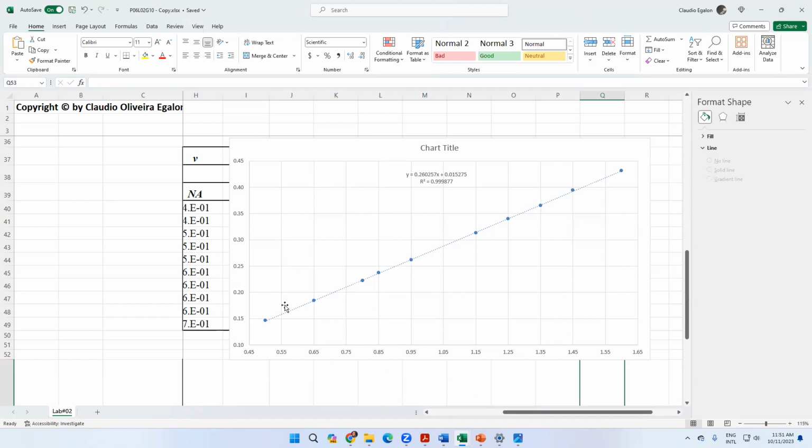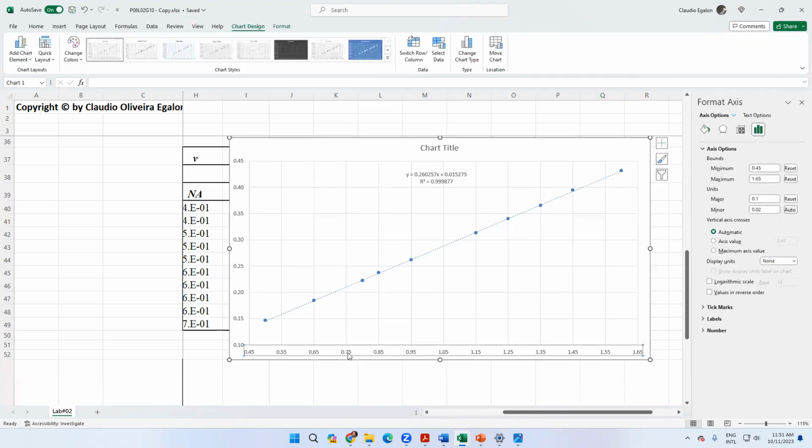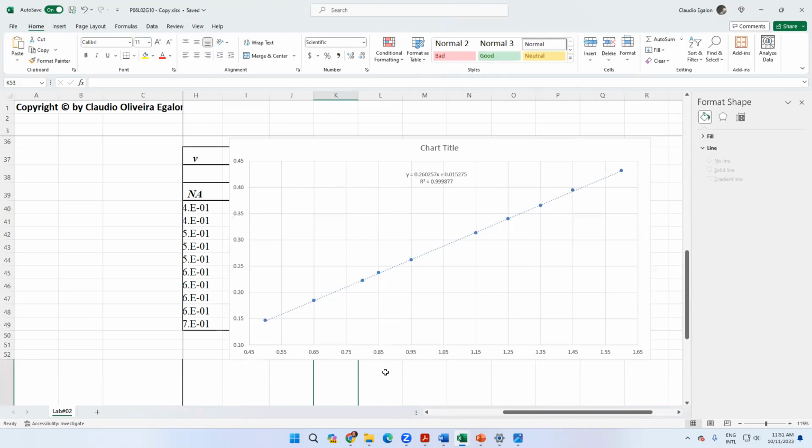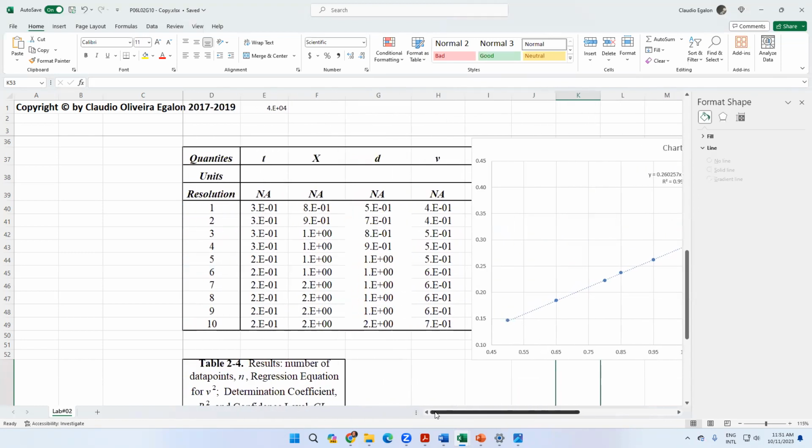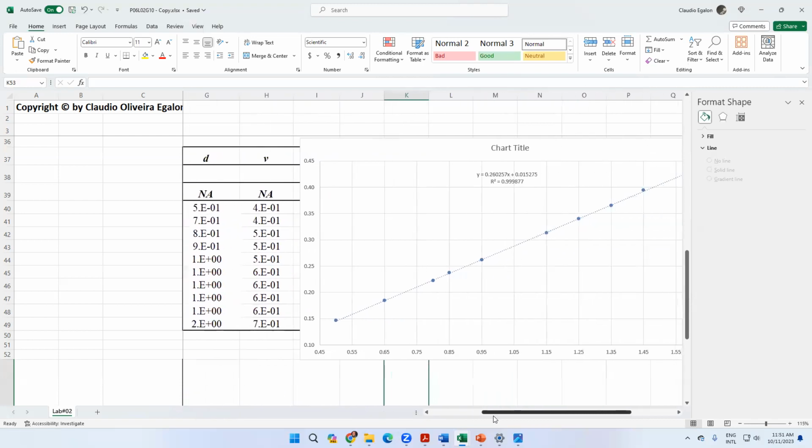Professor, can you show me the axis value again? Yeah, here you go. Double click. What do you want me to do? I just wanted to see what kind of value you have, because mine is not the same as yours.